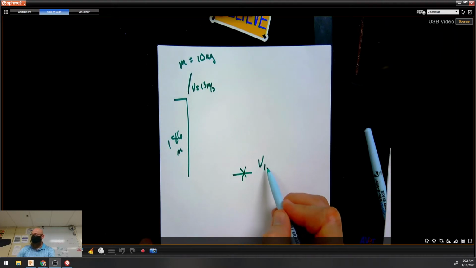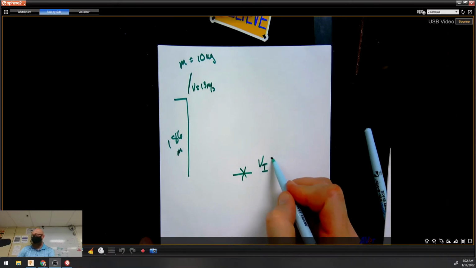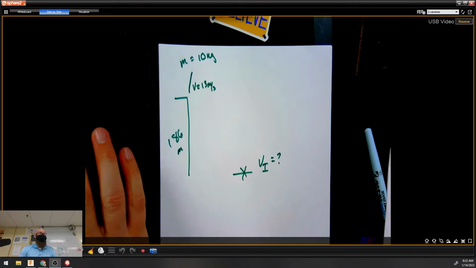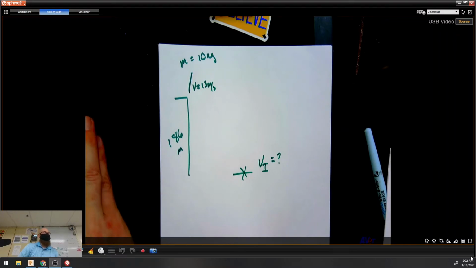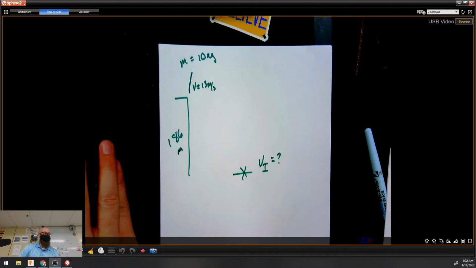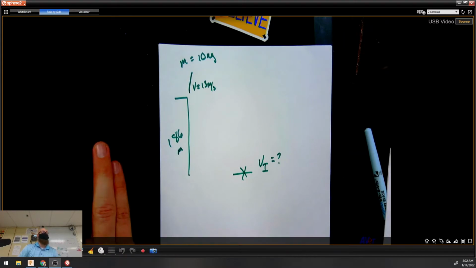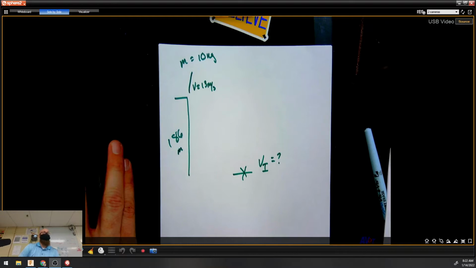What is the velocity at impact? Now many of you are panicking. Please don't panic. Think through the problem, draw out the rest of your diagram. You can solve this. You really can. And you do not have to refer back to any other chapter.